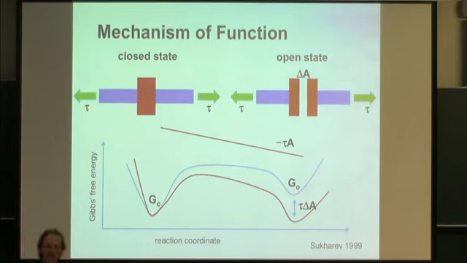That's simply the product of membrane tension, which is energy per area, and the area change. That change feeds into opening. And so this usually disfavored state is lowered in free energy until it's lower than the closed state, and then the gates open and the system relieves its osmotic pressure.